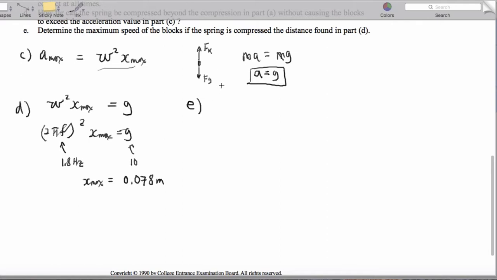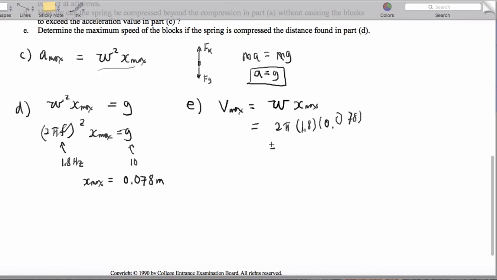E says determine the maximum speed of the blocks if the spring is compressed the distance found in part A. So what we can say is now v max is omega times x max, which is going to be 2 times pi times 1.8 times 0.078.